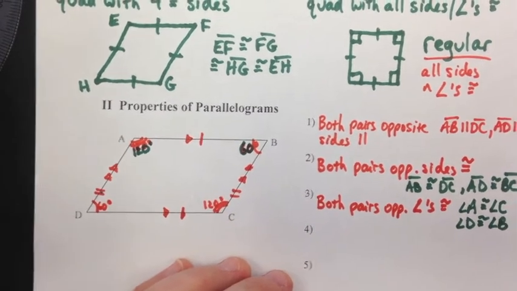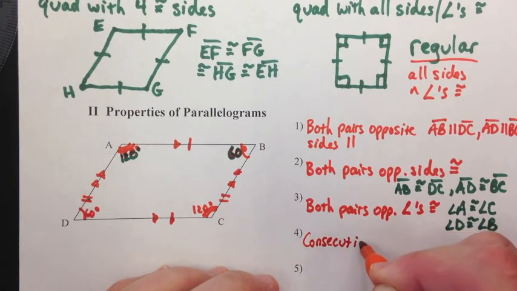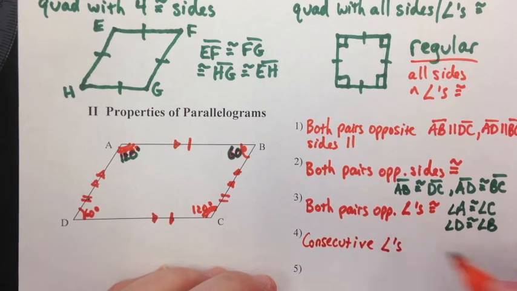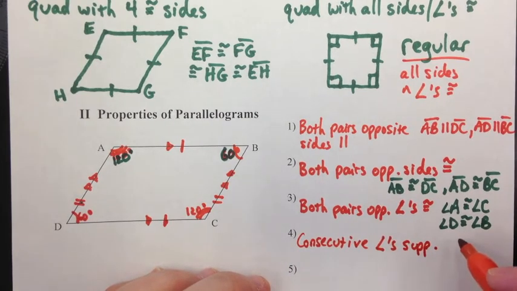So the property is that consecutive angles are supplementary. I'm going to say sup. Consecutive angles, sup, and that's 180 degrees. That's always true.